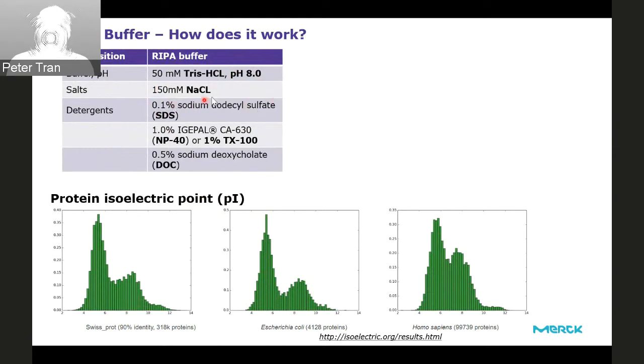Secondly, salt: you need salt for osmotic lysis, and you need detergent for solubilization of the cell membrane. The common ones are SDS, which is an ionic detergent, NP-40 or Triton X-100, which are non-ionic detergents, and DOC.